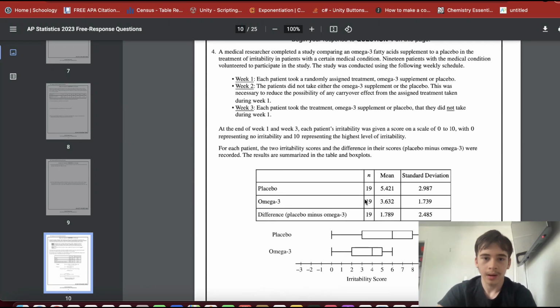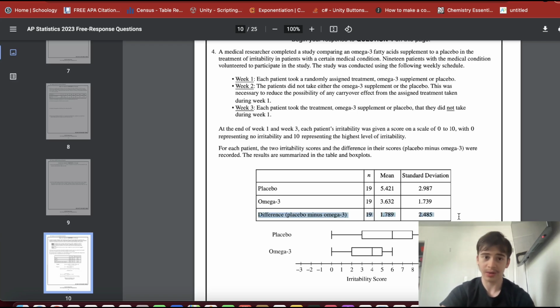Question 4. A lot of wordy stuff. I'm not reading all that, but at the end of week 1 and week 3, each patient was given 0 to 10. We got our information here. But the important thing is that they give us the difference, placebo minus omega-3.